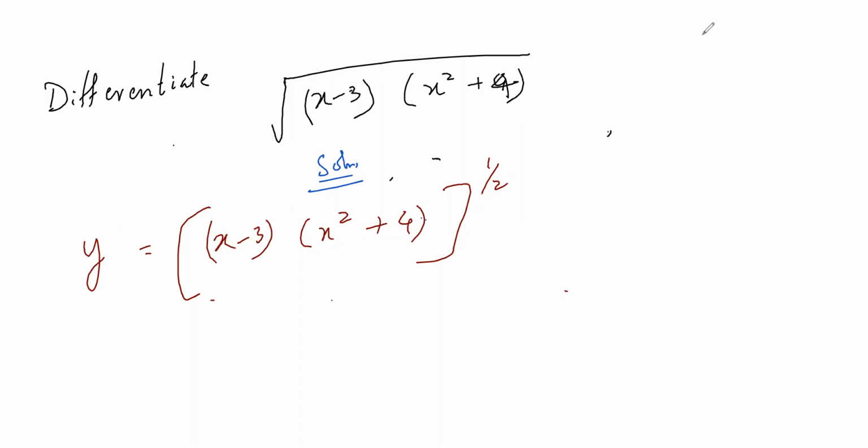I got 3 yeses now, 2 more I need. Nothing I'm doing here: instead of square root, I put whole power 1 by 2. Square root is whole power 1 by 2. Cube root is whole power 1 by 3. Is this clear to everyone?